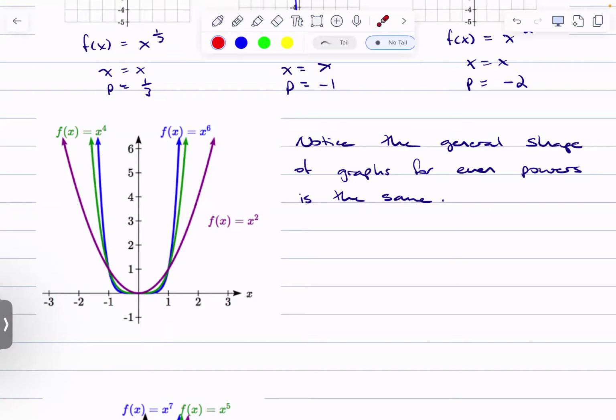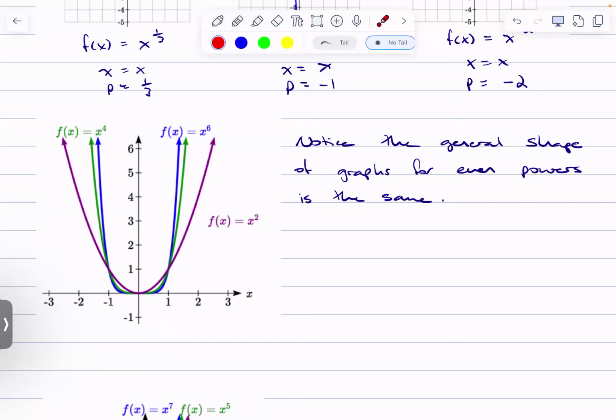Because just in general here, x squared is pretty wide, and then x to the 4, x to the 6 gets tighter and tighter. But in general, as you increase your x, going to infinity, they'll all go to positive infinity. And same thing as you decrease your x and go to negative infinity, this arm is going to shoot to positive infinity as well.